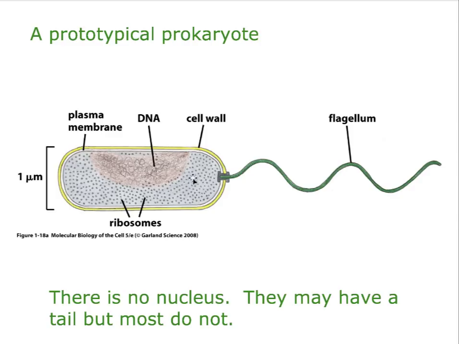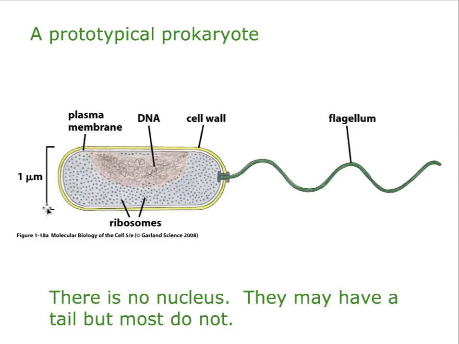There is no nucleus inside this cell. But what they do have is an aggregation of their DNA chromosome into a blob somewhere inside the cytoplasm of the cell. Students mistakenly think that this is a nucleus. It's not. It's simply an area where there's a lot of DNA compared to other parts of that same cell.